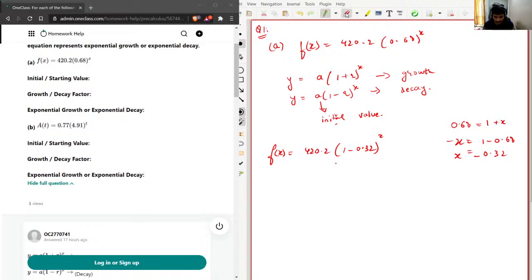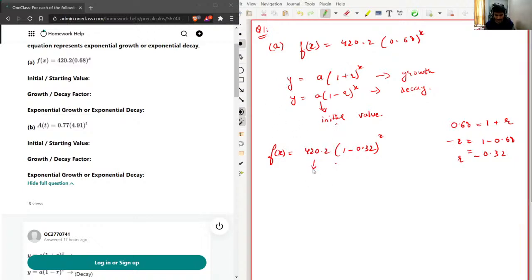Let me correct this. I'll give it another variable, let's just say r, because we have already used x. I'll say that 1 plus r. So the first one we have converted into this general form.